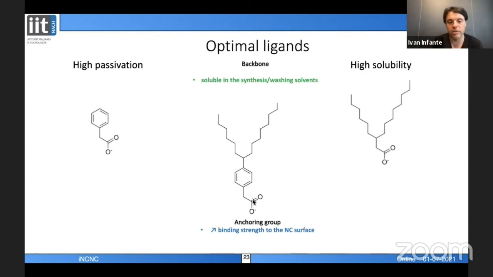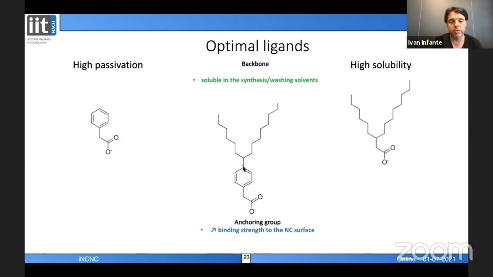This is just a design we actually never tried, in which you have this branching terminal part that prevents aggregation between nanocrystals, and this part below that blocks the degrees of freedom of ligands at the surface in such a way that you also minimize the degrees of freedom near the anchoring group.